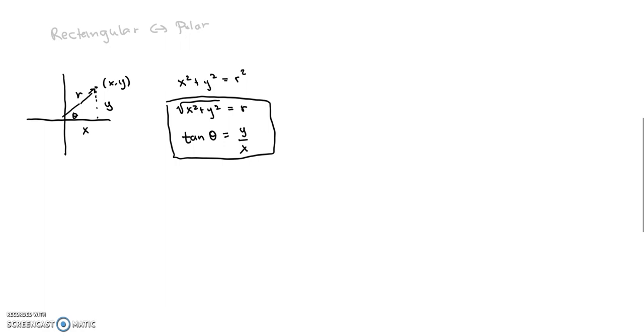Now, if you have theta and r, and you want x and y, then we can use sine and cosine. Cosine of theta is adjacent over hypotenuse, and sine of theta is opposite over hypotenuse, or opposite over r. So cosine theta equals x over r, in other words x is equal to r cosine theta.